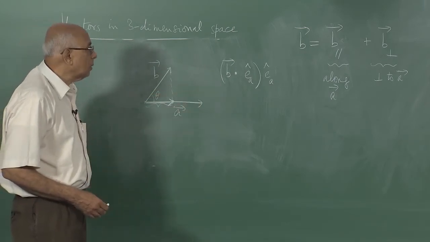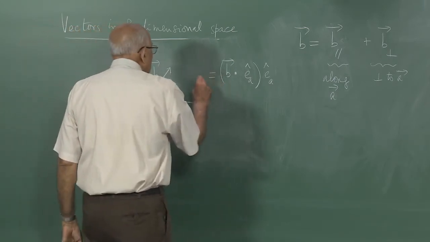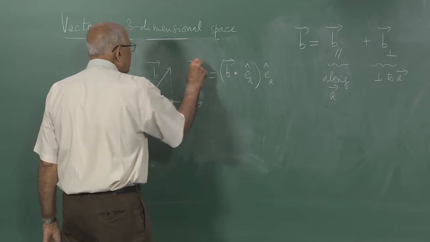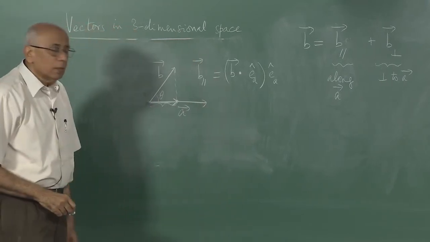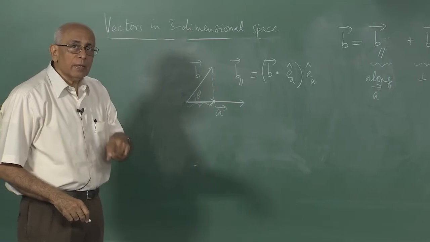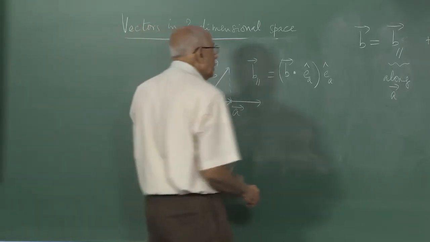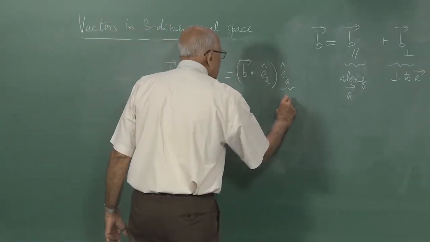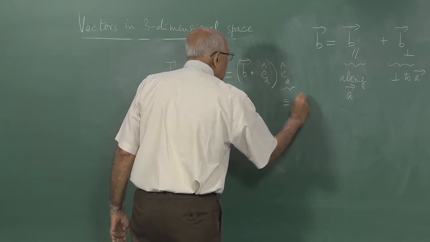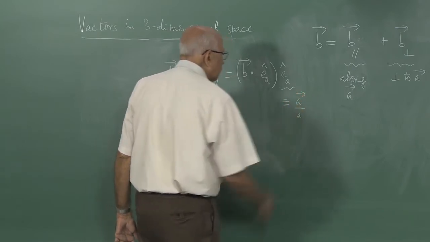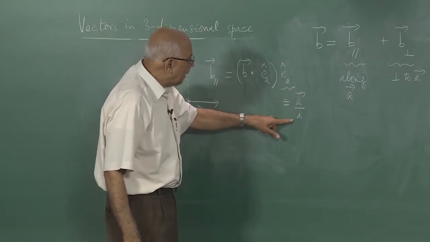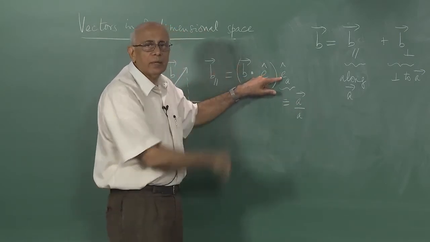extremely simple to write down. This is equal to B parallel. Of course, if you do not like me to write the unit vector in the direction of A, it is easy to see that this by definition is equal to the vector A divided by the magnitude of A, because the vector A is the magnitude of A multiplied by the unit vector in its direction.